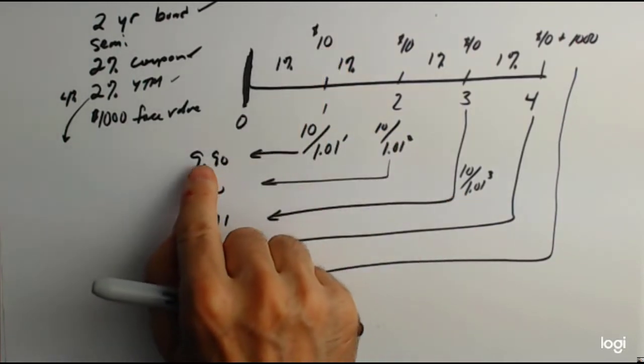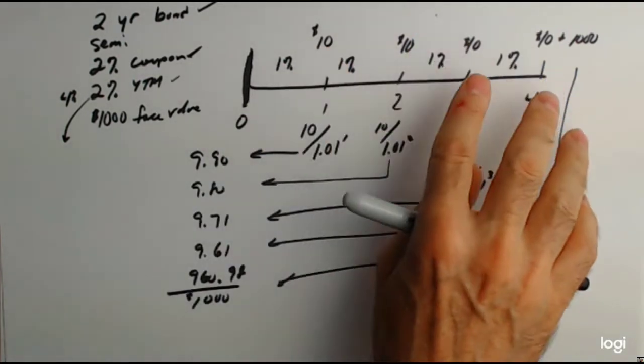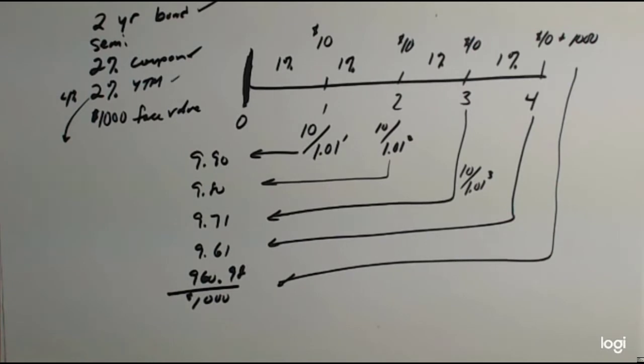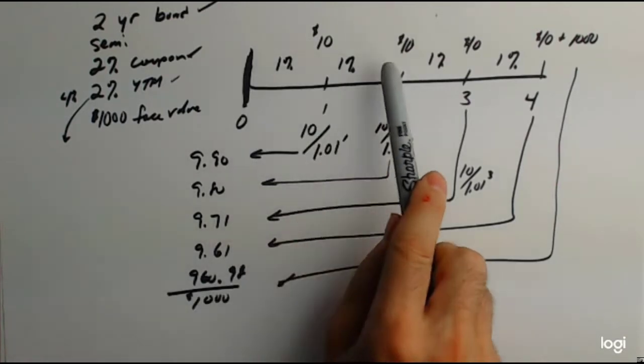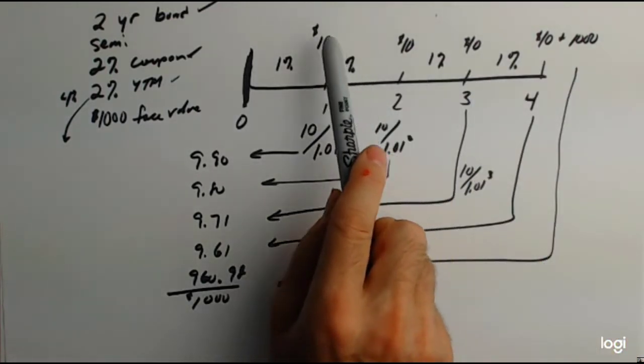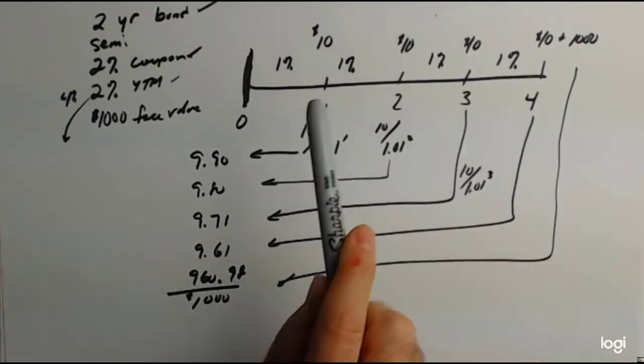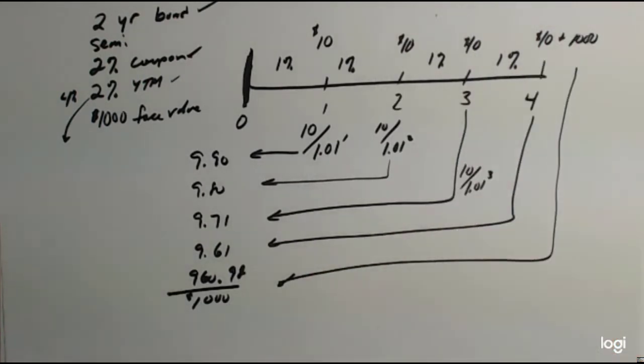Well, that would be worth $9.90, and so on. As we'll see very shortly in fact, financial institutions end up buying coupon bonds like this, and they strip out the coupons and they sell the coupons, including the principal, as what's called strips, as zeros. And so that's what we want to get to next.